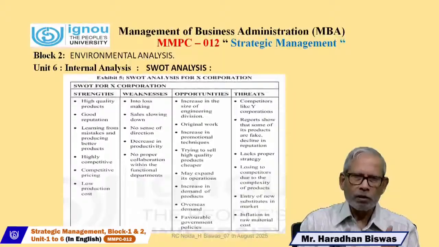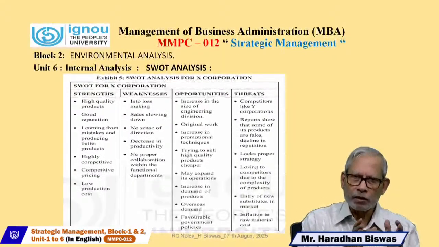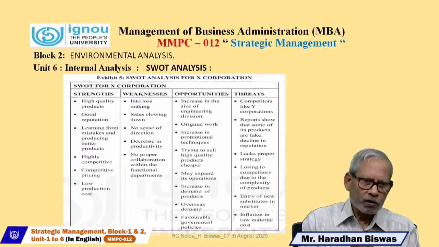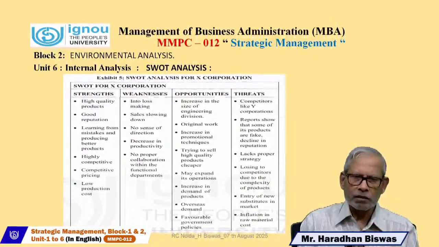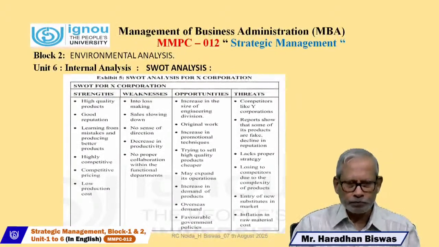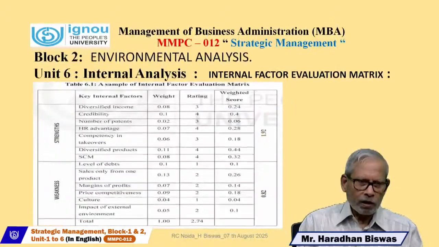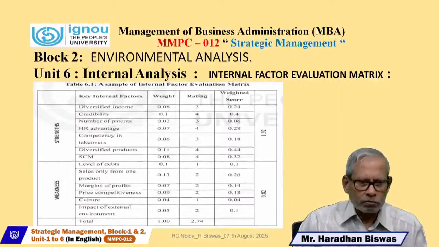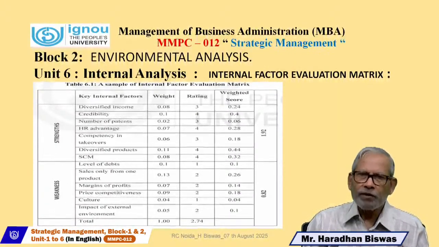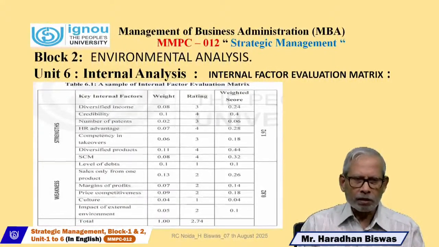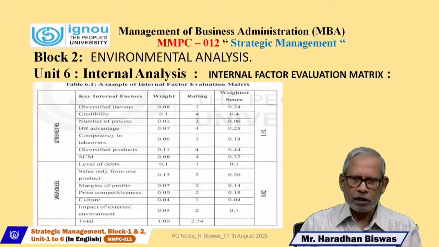Suppose somebody has already done a survey and prepared a database; the chart will be like this. For a particular organization, as per the present conditions, you have to prepare it, showing where the strengths, weaknesses, opportunities and threats are. Then different factors are evaluated in a matrix way, with weightage, how much weightage each has.